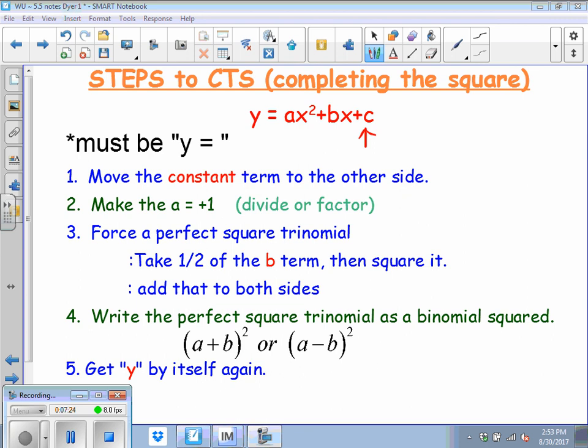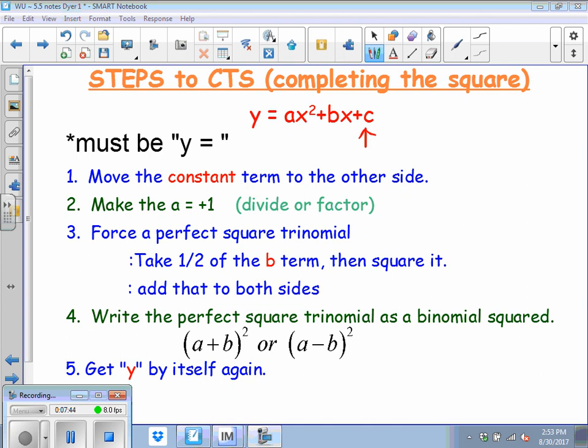So you want to take anything else that they throw over there with the y and put it on the other side and put it in the right order. Okay? So that's step one. You can't even begin to do anything until it's y equals. All your homework problems are already y equals. Okay? So you don't have to worry about that.